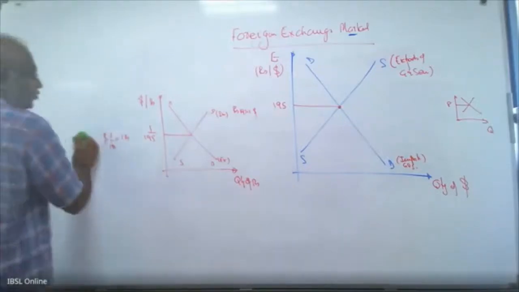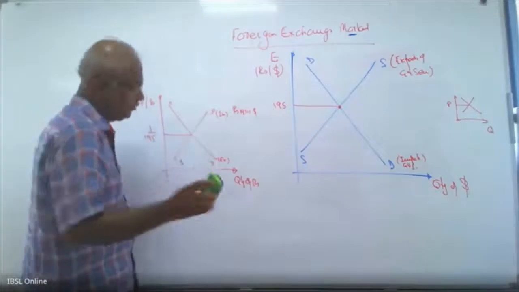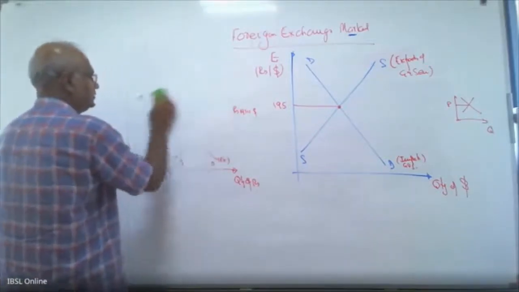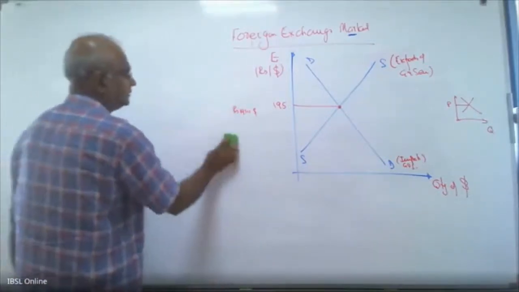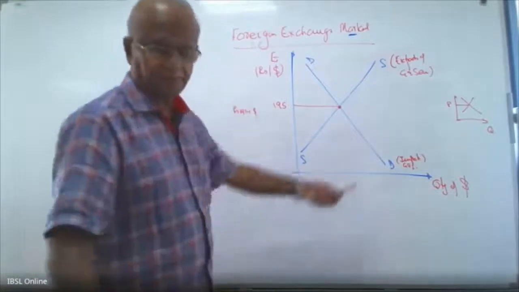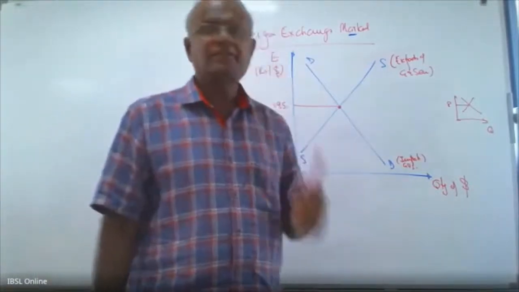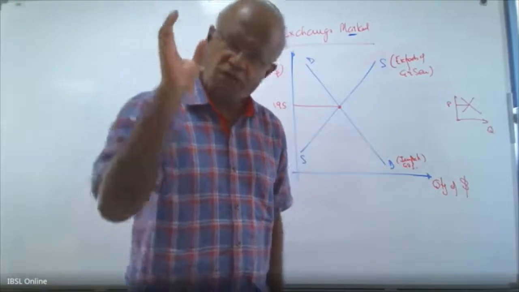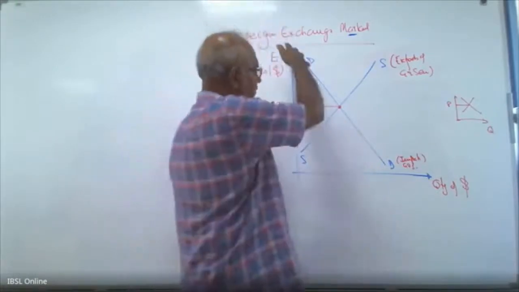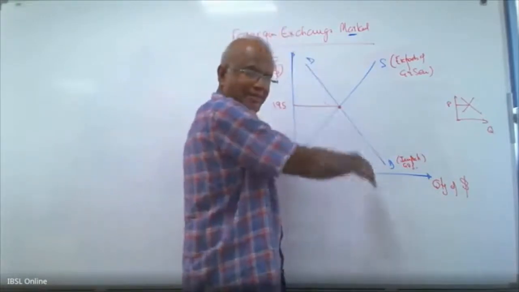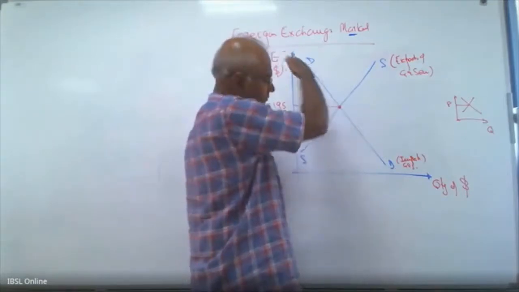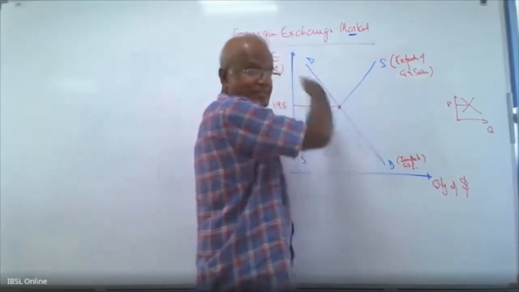So we are going to discuss this, and in my recording you can see it. This is our diagram for the analysis. Now demand for dollars comes from imports. Remember the imports data, 19 billion worth of goods plus some services also.